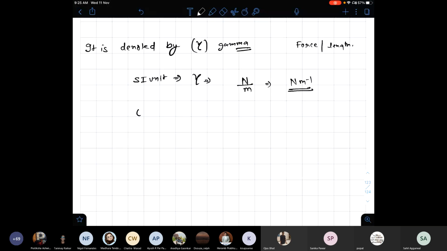What should be the CGS unit? CGS unit will be dyne per centimeter.